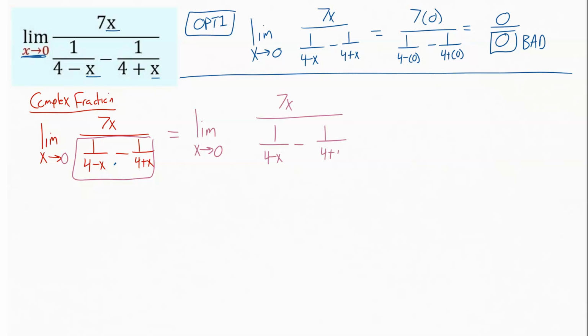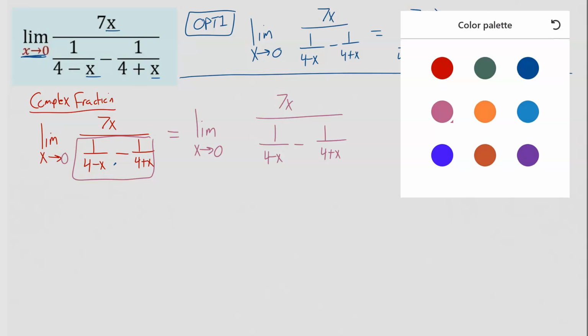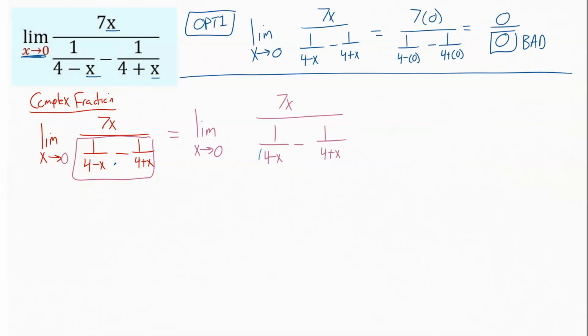What we do to find a common denominator is take whatever's on the bottom of one fraction and multiply it on the top and the bottom of the other fraction. Then you do the same thing over here: you take the bottom of this fraction and multiply it on the top and bottom over here. That's going to be the easiest way to find yourself a common denominator anytime.